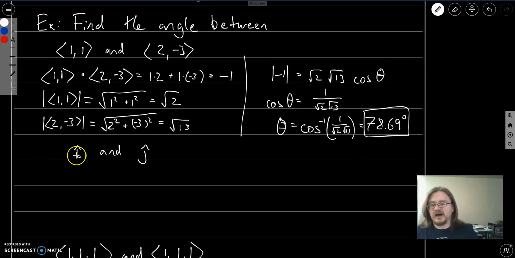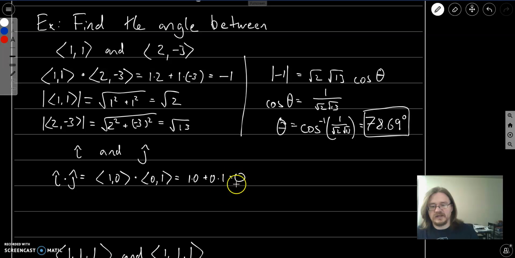So we've got i dot j. So we know that i dot j, I'm just going to write this in terms of coordinates. This is (1, 0) dot (0, 1). And 1 times 0 plus 0 times 1, well, that's 0.